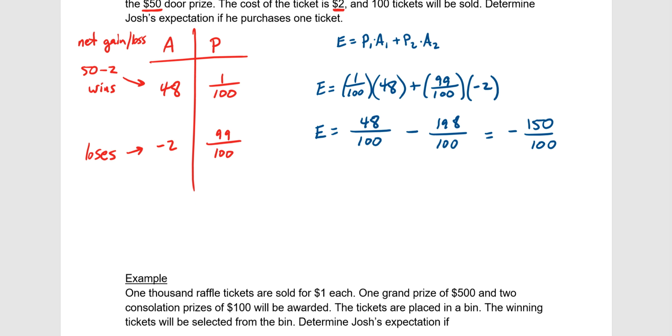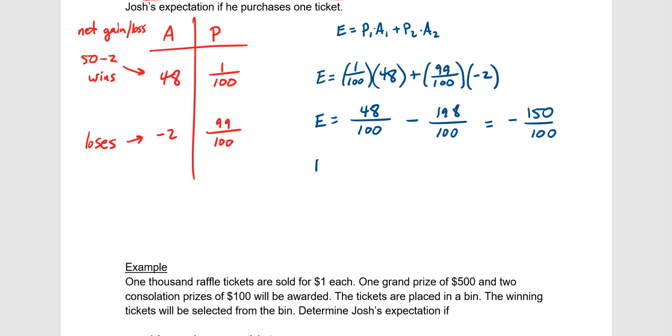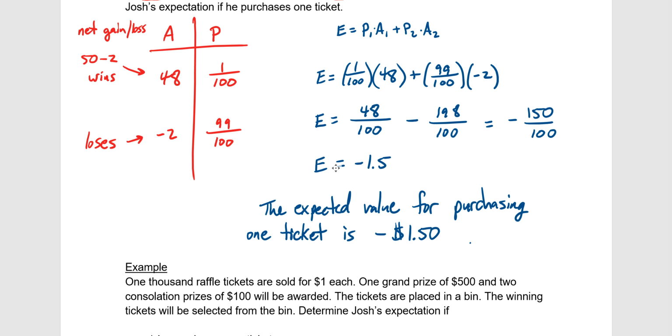Since we're talking money, let's put this as a decimal. That's going to end up being -1.5. So that's going to represent an expected value for purchasing one ticket of -$1.50. That means on average, you should expect to lose $1.50 every time you play this raffle.